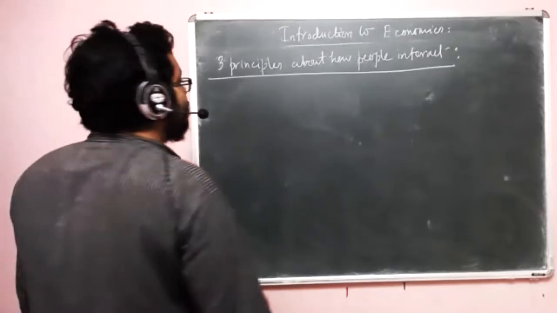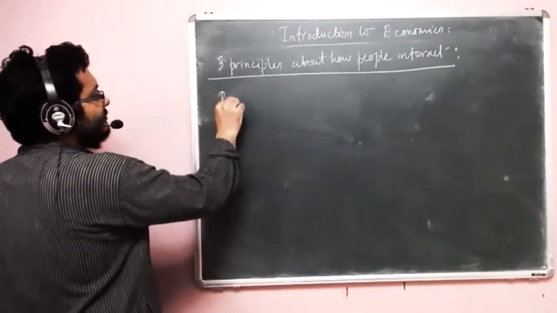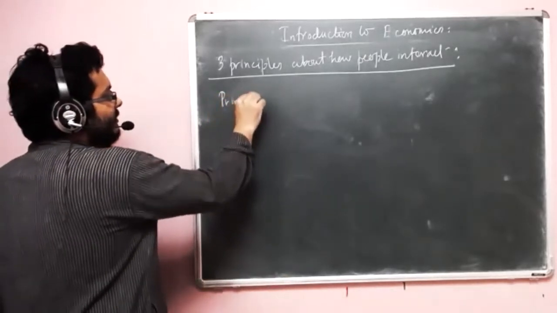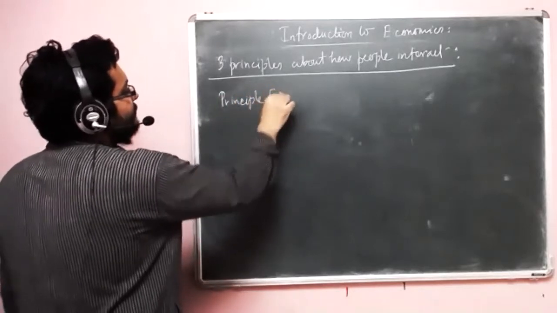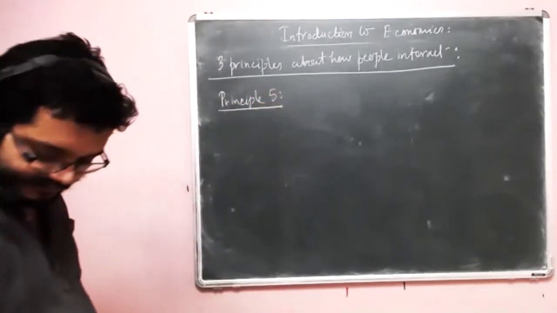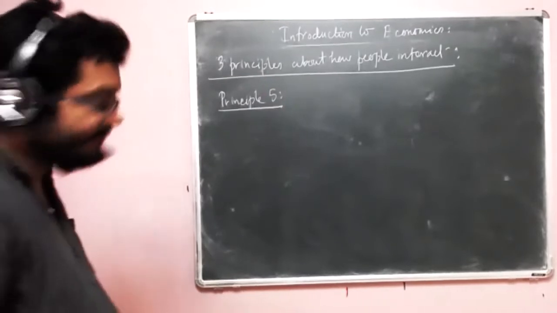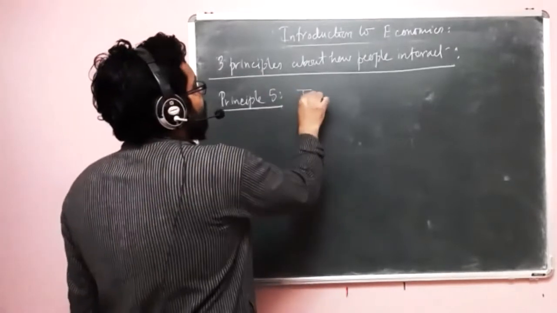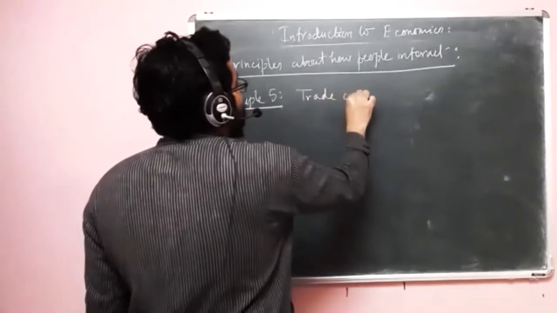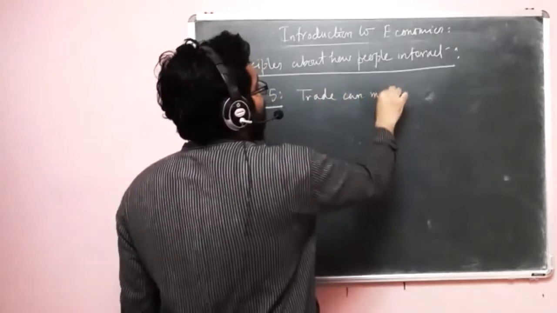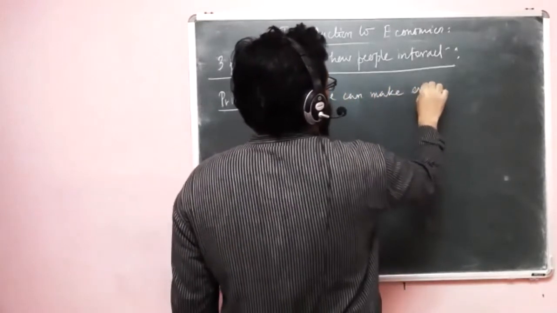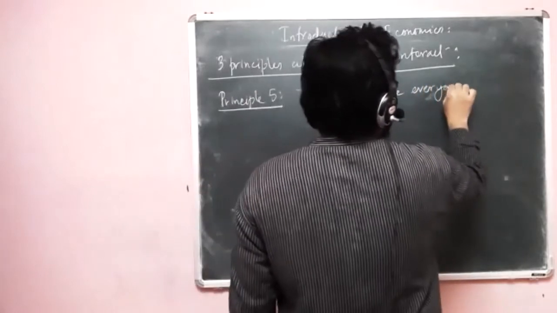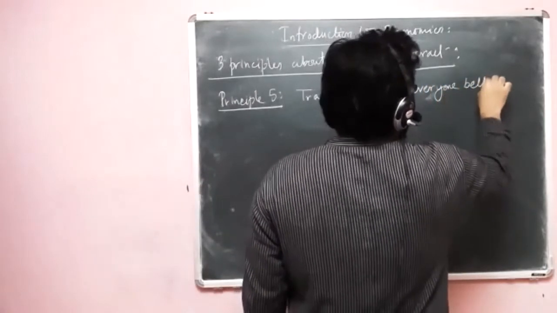All right. So the first, in our list, it will be principle 5. So what is it? Trade can make everyone better off.